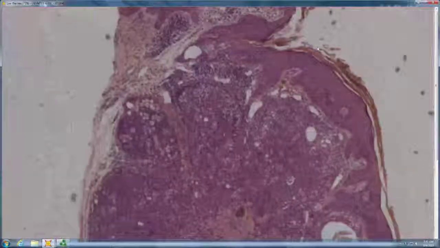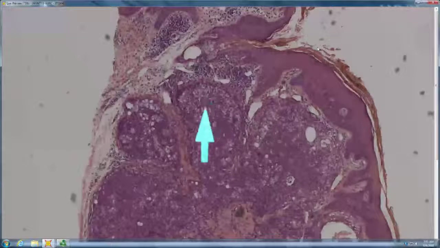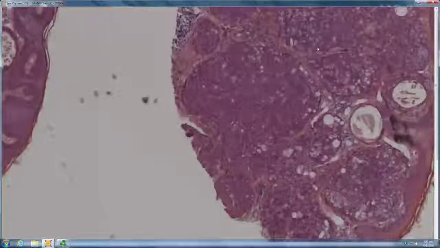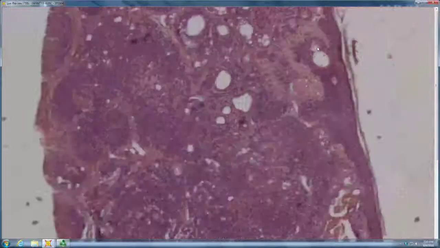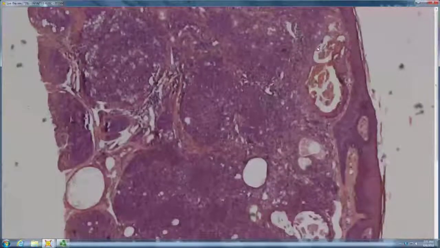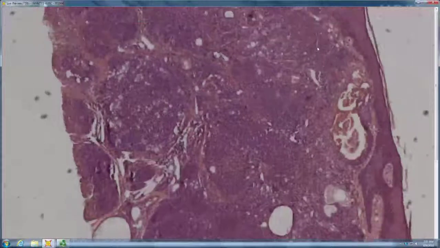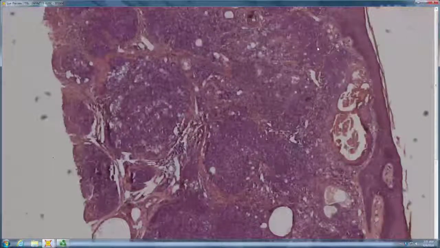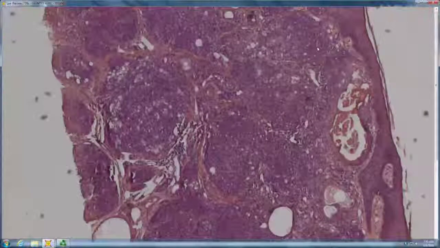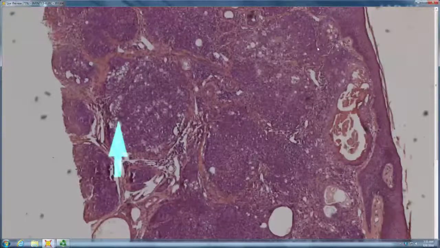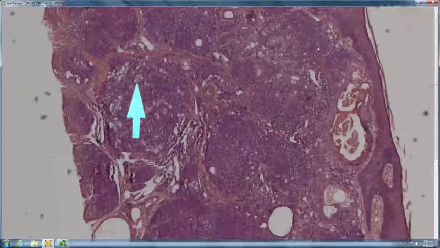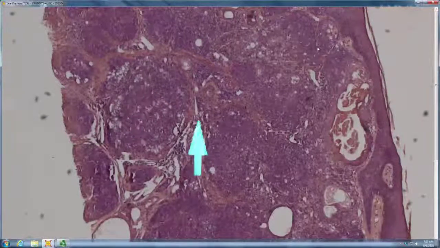Differentiation. It looks sebaceous to me. If it were a blue ball with striking red ducts, you'd say that one would be a sebaceoma, right? This one doesn't have such striking red ducts. And is it more differentiated sebaceous or more basaloid?